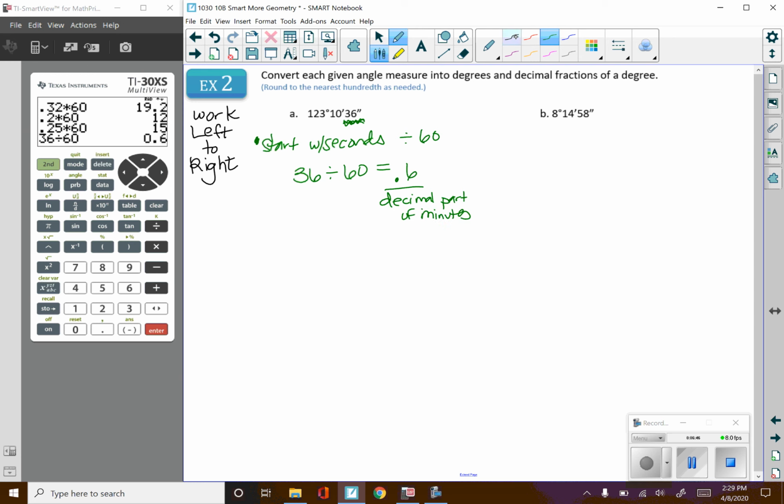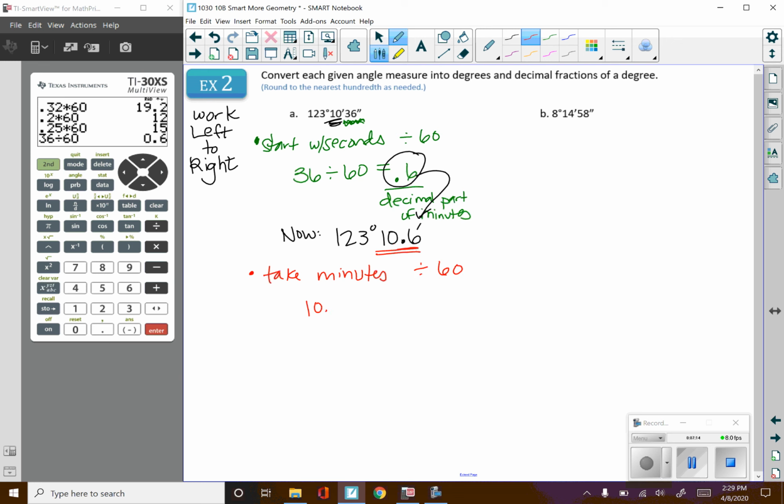What I mean by that is we have 123 degrees and then 10.6 minutes. So we have the 10 minutes that we had before, and now we have a 0.6 with it. Then we repeat that process. We take our minutes and divide by 60.